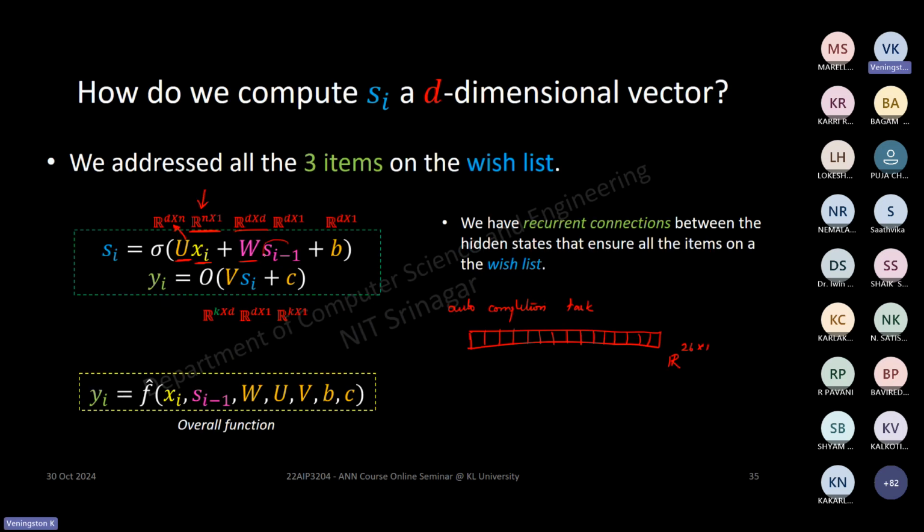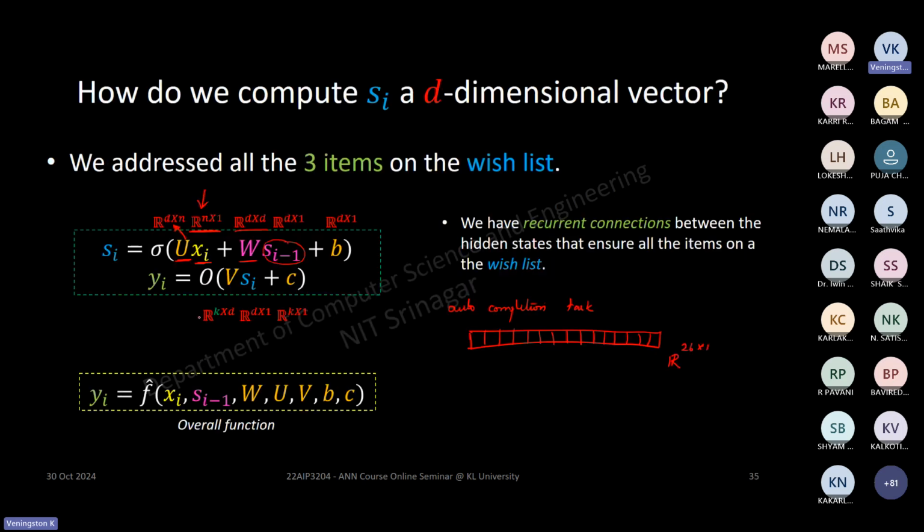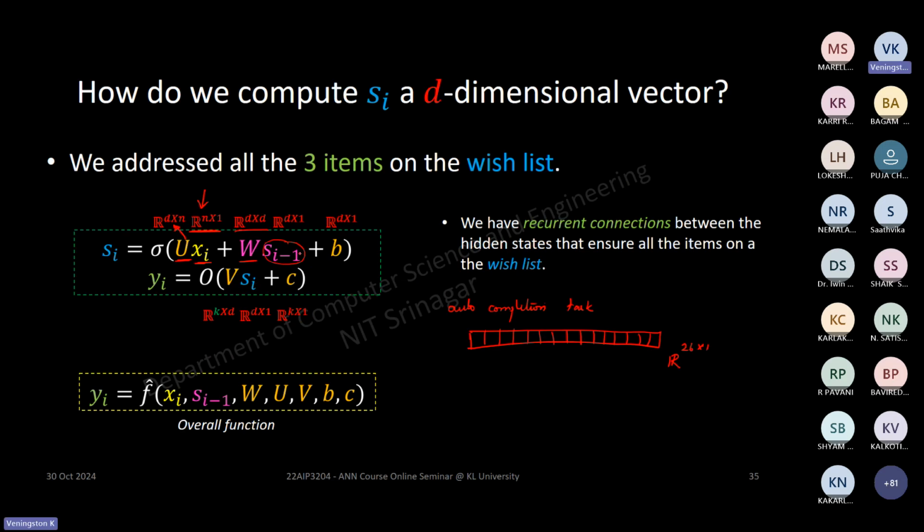And then the dimension of si minus 1: si depends on the previous time step, so its dimension again depends on the number of units we have in the hidden layer. So it is denoted by R^(D cross 1). That way you can define, once the computation is done, what will be the dimension of the output, and similarly after multiplying these quantities, what will be the dimension of the output.